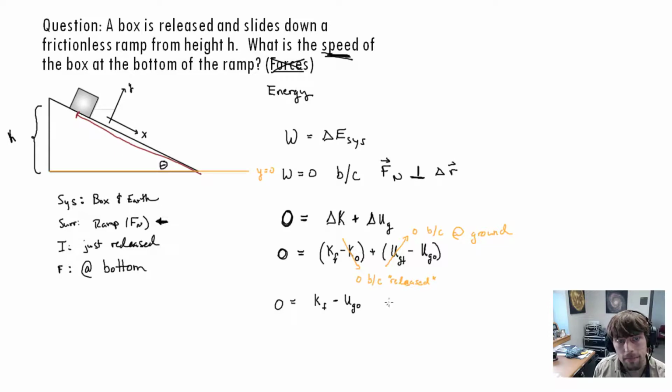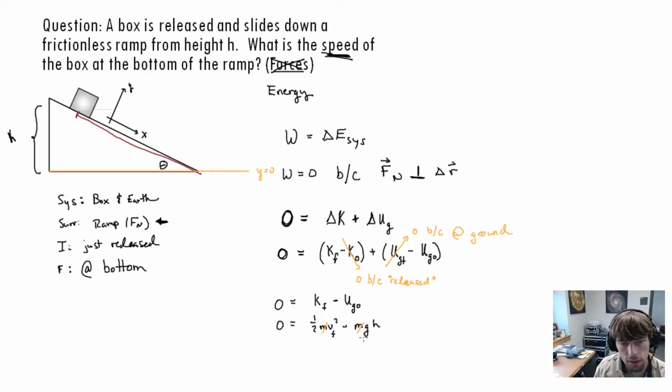Now let's substitute in our definitions. We have 1/2 m v squared, and this is the final, minus mg, and my initial height is just given by h. Look at this, we have a mass that cancels out a mass.